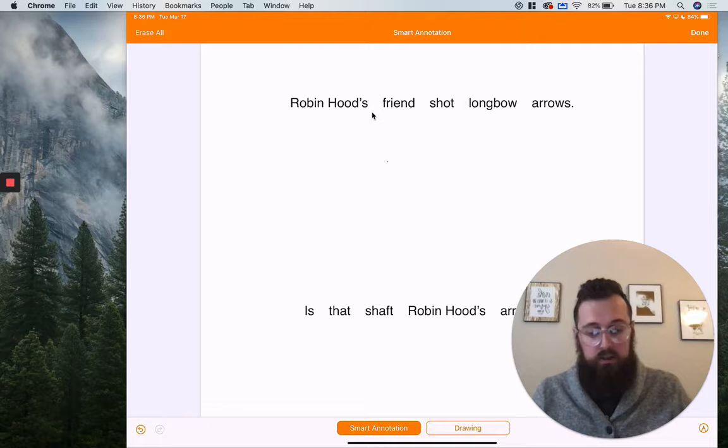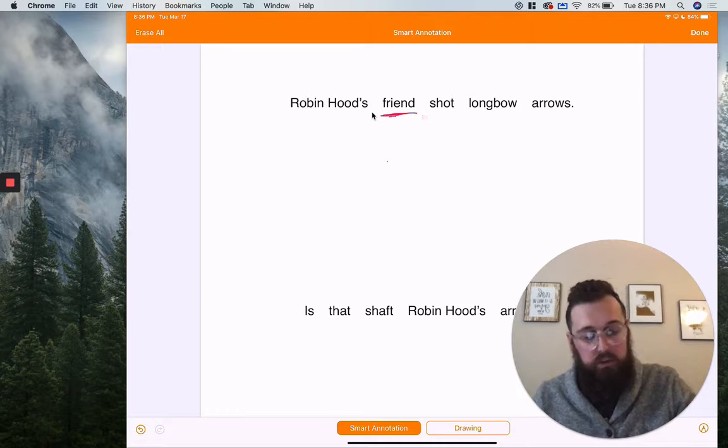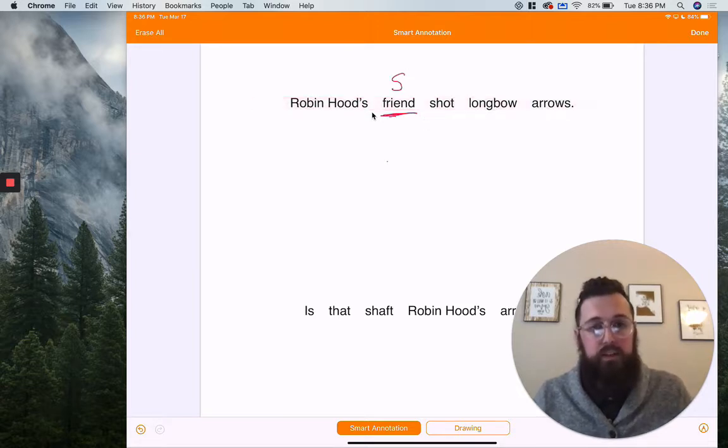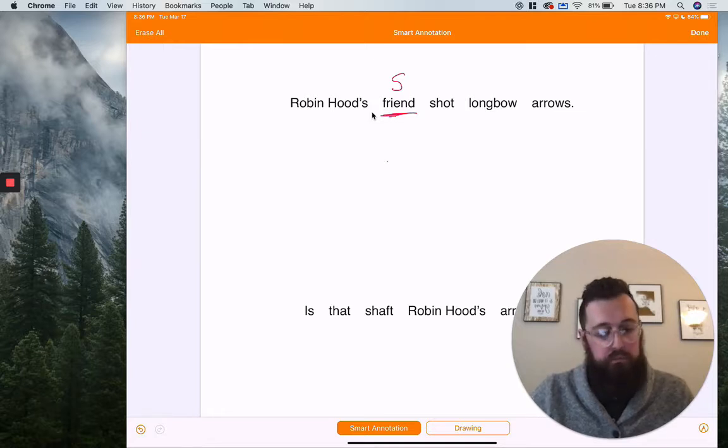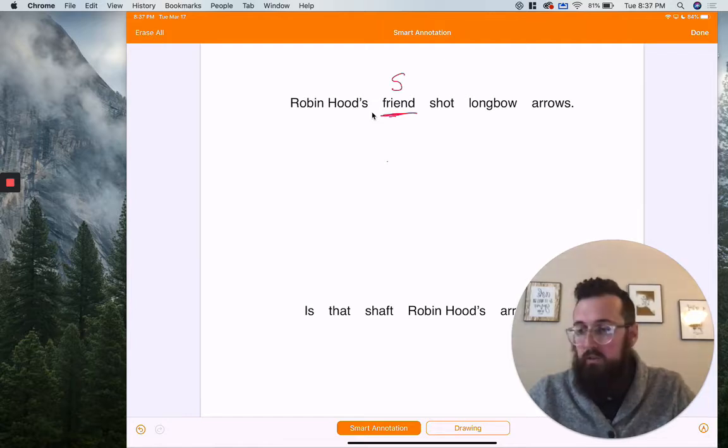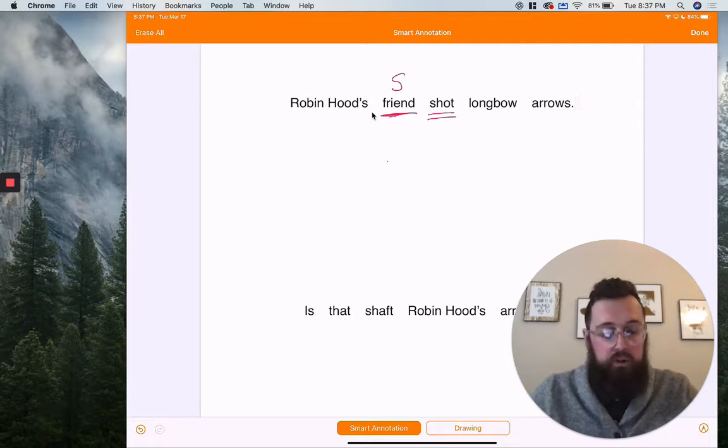In this sentence, friend is going to be my subject. That is who the sentence is about. Then I look for what our subject did. What's the action? Our friend shot. That is going to be our verb.